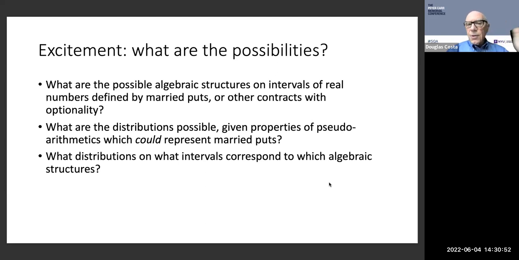What are the possible algebraic structures on intervals of real numbers which are defined by married puts or other contracts? What are the distributions that are possible given properties of pseudo-arithmetics which could represent married puts, and which distributions on what intervals correspond to what algebraic structures?